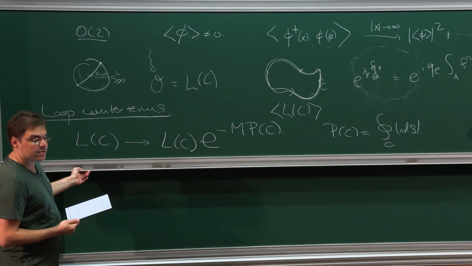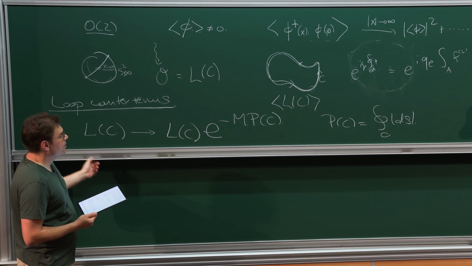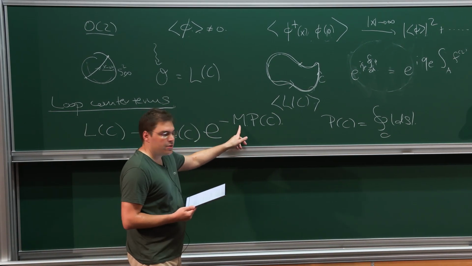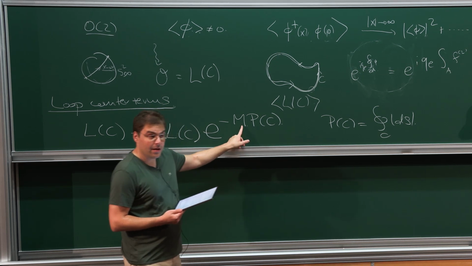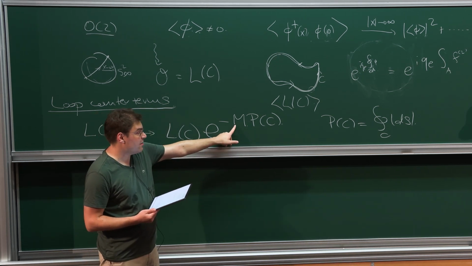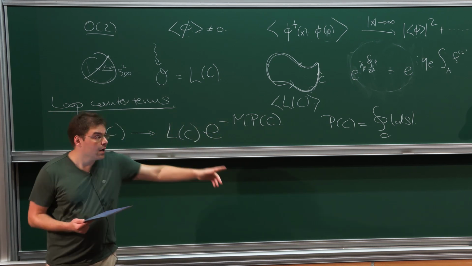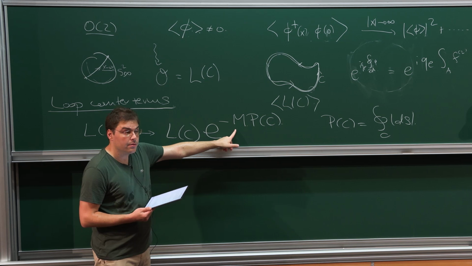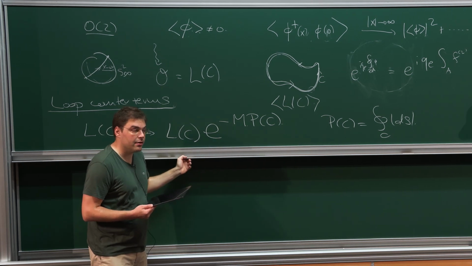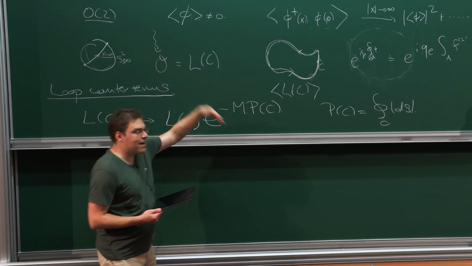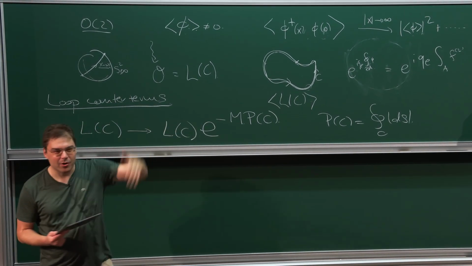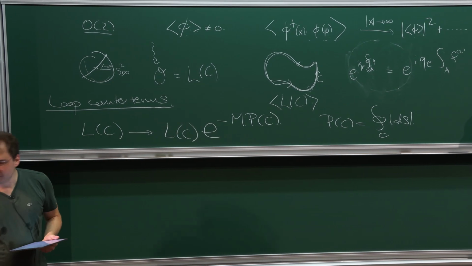So if we're in flat space, it's just the standard length. This parameter m has dimension of mass, since P is a length. It might be finite, it might be infinite, depending on your scheme. It might be positive or negative. M doesn't have a preferred sign either. Roughly speaking, M is like a mass renormalization for the infinitely heavy particle that you integrated out to make the loop, schematically.